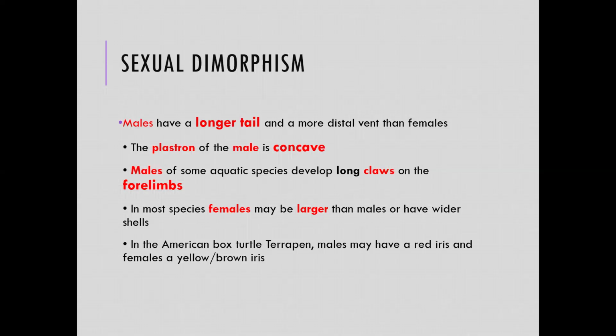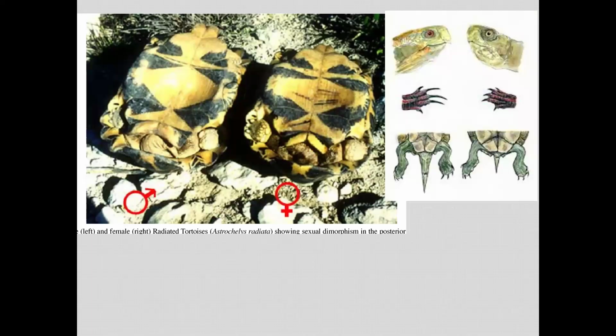But in most species, especially in seawater turtle, the female may be larger than the male or have a wider shell. In another species, like American box turtle, the males have red iris and the female has yellow or brown iris. Okay, this is the picture of the sexual dimorphism of the male radiata turtle and female radiata turtle.